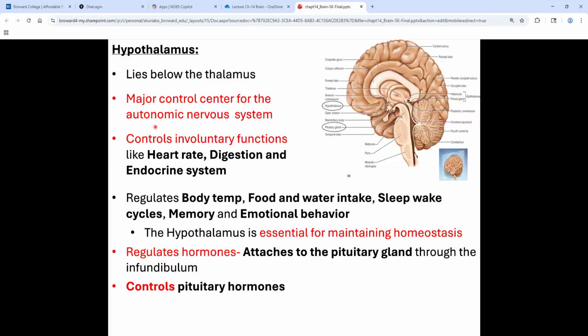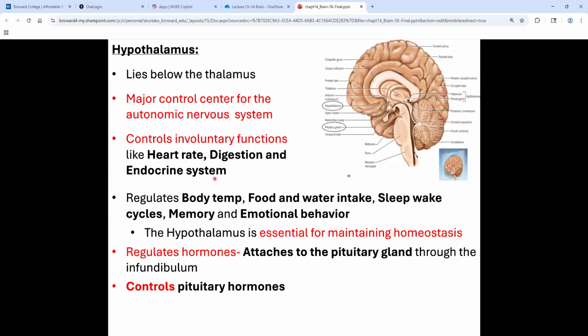You have no control. You get frightened, your heart rate is going to go up, your breathing is going to get heavier. All these things are going to happen whether you like it or not. Autonomic. It happens without your control. Heart rate will go. Digestion is another function of the autonomic nervous system. And we'll be talking about that function.